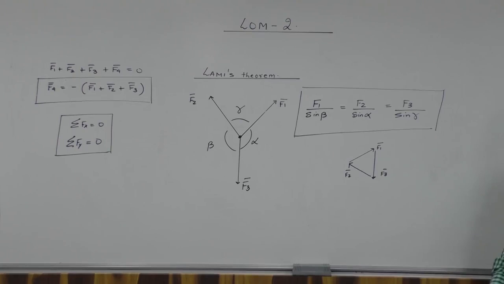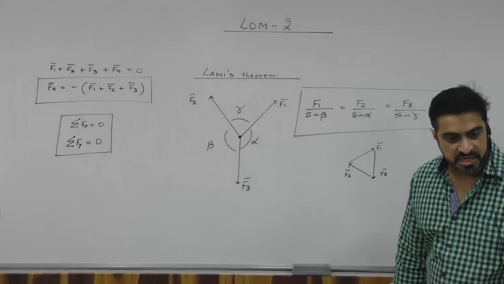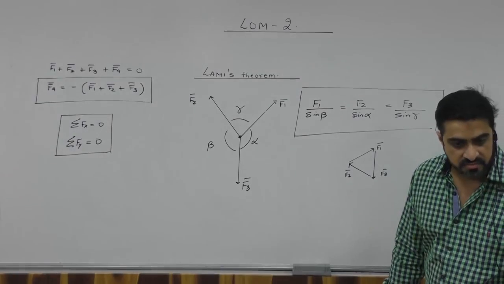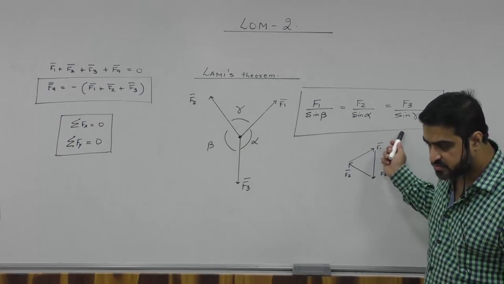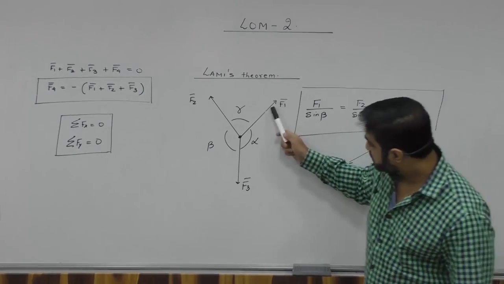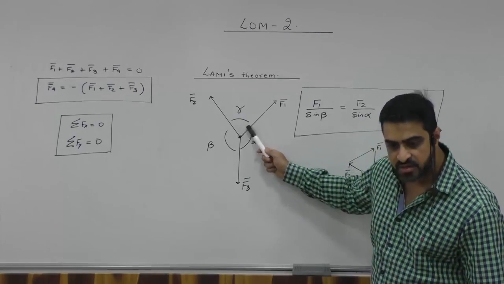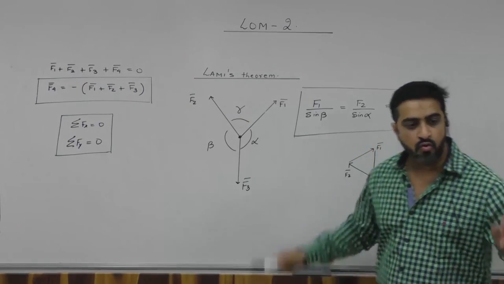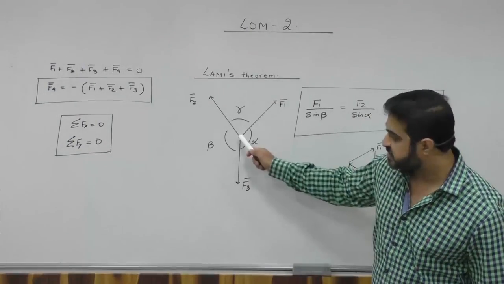Remember this, in mathematics we have done a rule called the sine rule: A upon sine A, B upon sine B, C upon sine C. This is derived from that one. This is Lami's theorem. We just need the application over here: F1 upon sine beta, F2 upon sine alpha and F3 upon sine gamma. And this will solve only those 3 concurrent forces which are present at a certain point.